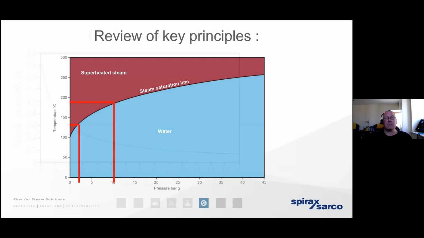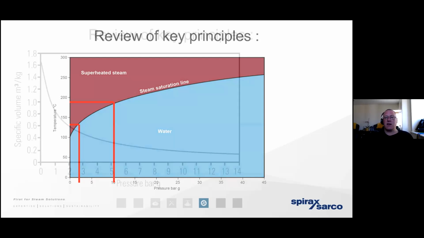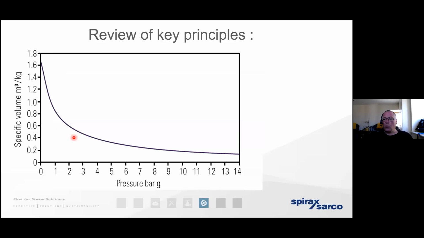And the steam tables also demonstrate the pressure-volume relationship. 1 kilogram of steam at 0 bar gauge exists at a volume of 1.673 cubic meters. In other words, it exists at a volume that is 1,673 times greater than a kilogram of water.